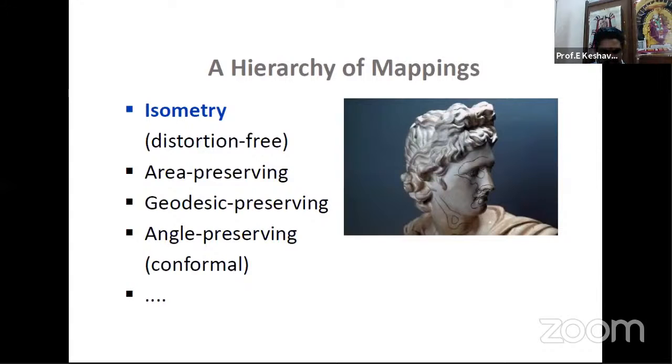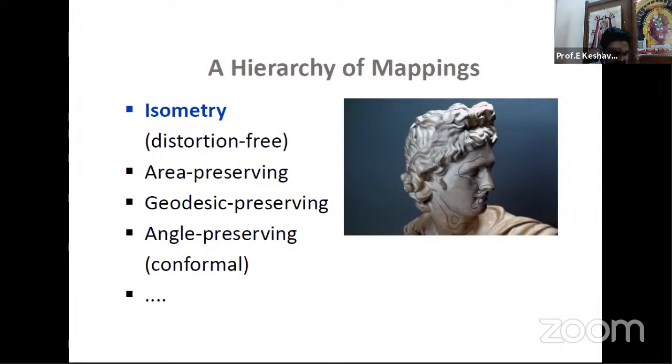An isometry or congruent transformation is a distance preserving transformation between metric spaces, usually assumed to be bijective. So this is isometry, distortion free. Area preserving: a linear transformation is area preserving if its corresponding determinant has absolute value 1.